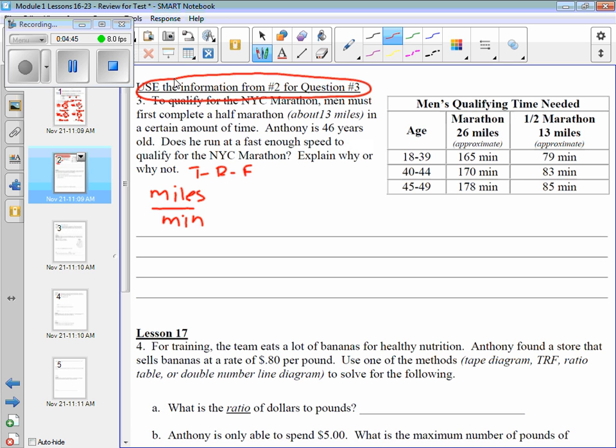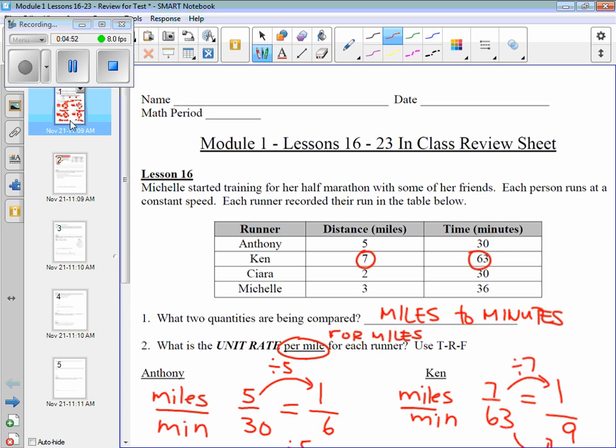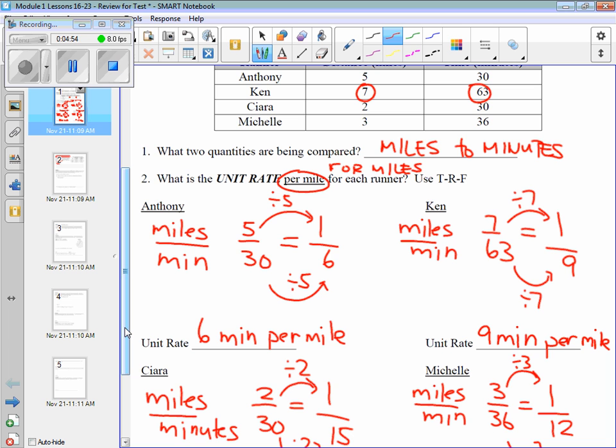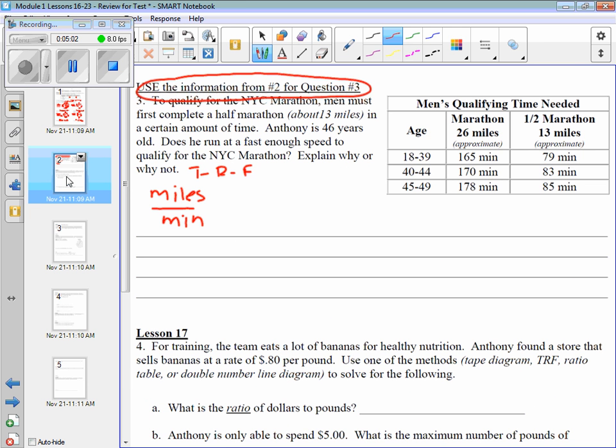We're just taking that from our original example. We're going to take Anthony's unit rate. So if you go back and find Anthony's unit rate, he was a 1 to 6, 1 mile in 6 minutes. We need that piece of information in order to figure out this question. So our given ratio is 1 mile in 6 minutes.